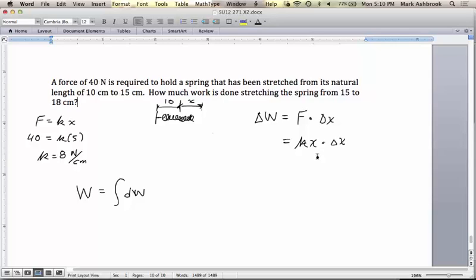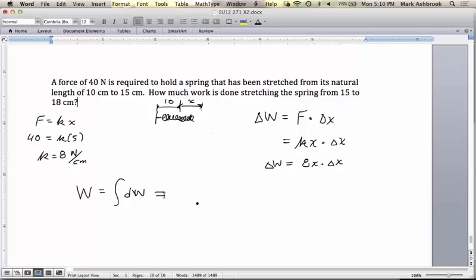So we're thinking that because delta x is small, we've got a constant force over that small change. And we know that k was 8, right? So we got our little bit of work, or a typical amount of work. Same thing, right?